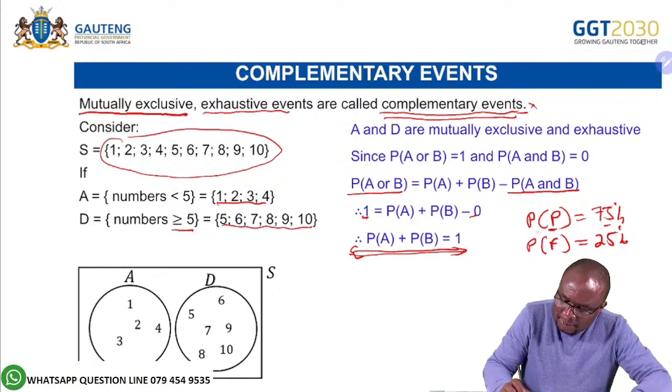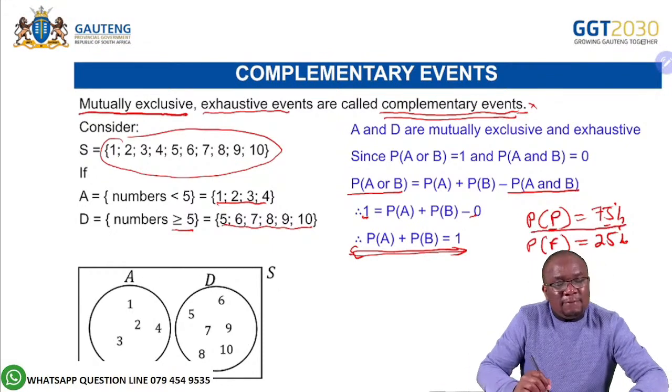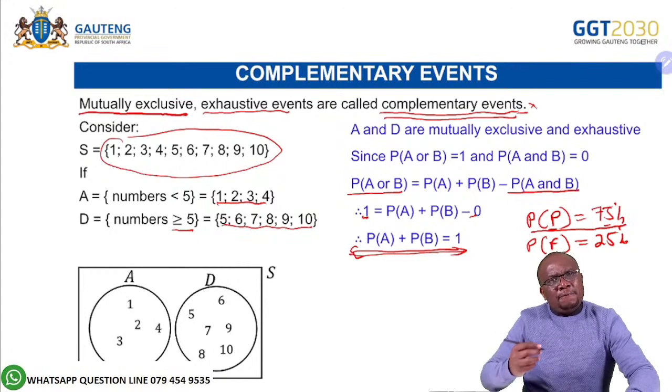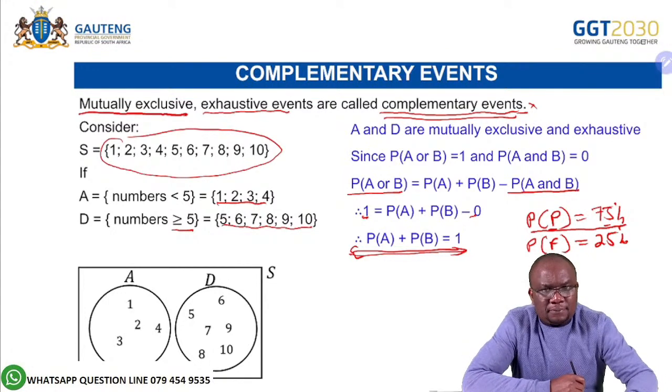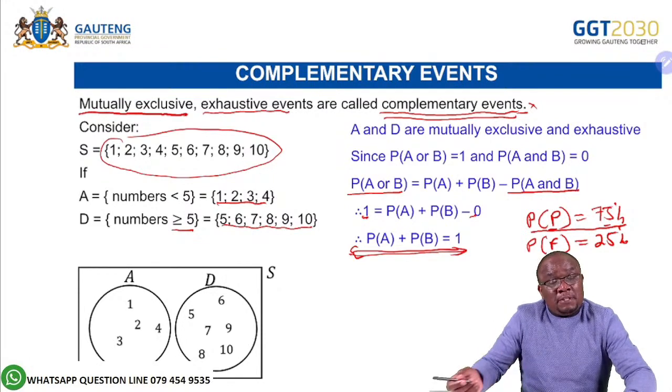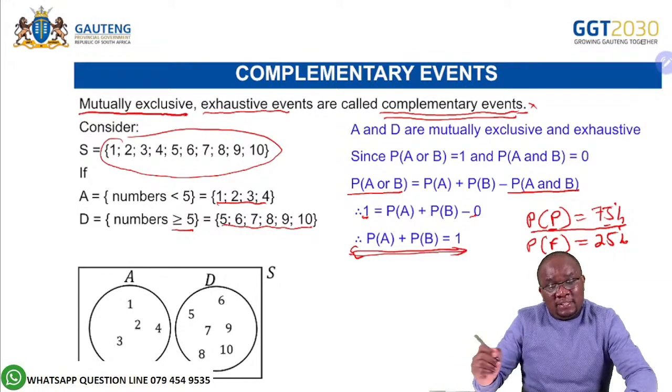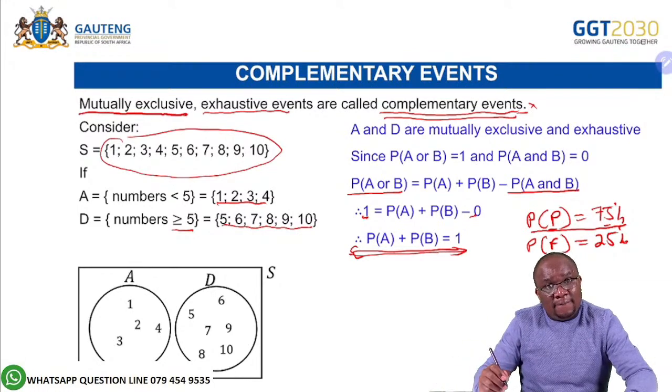Now, what is the probability of not failing? It is the same as the probability of passing. Probability of not failing is the same as the probability of passing.